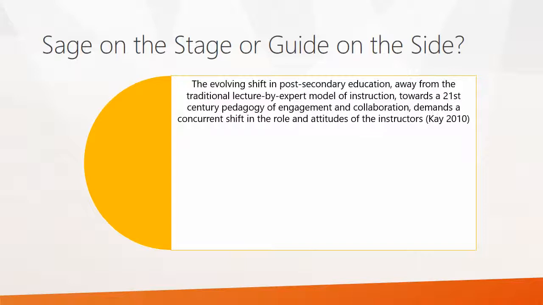And because of this move, we need to have a concurrent shift in the role and attitudes of instructors. More importantly, we need to make sure that our instructors are able to support and enable this collaborative 21st century skilled environment for our learners.